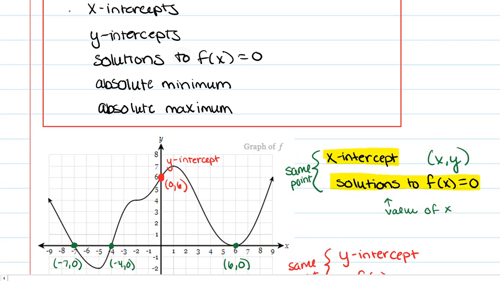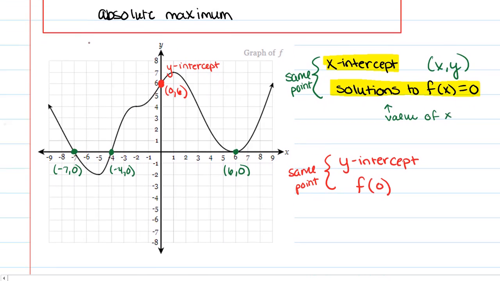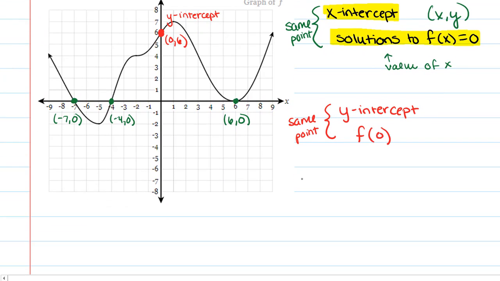So we've touched on the first three here. Let's talk about absolute minimum and absolute maximum. So the absolute minimum, that is the y value of the lowest point on the graph.